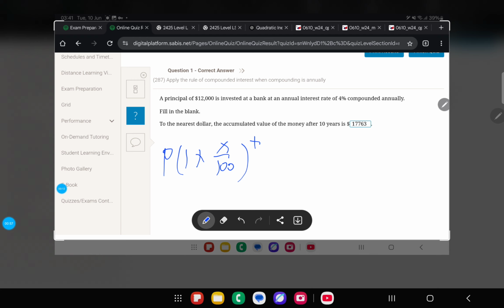Okay, so let's substitute. P is 12,000 times 1 plus, we have the percentage which is 4 over 100 to the power of t, time, which is 10. Put that in the calculator. 1 plus 4 over 100 to the power of 10.